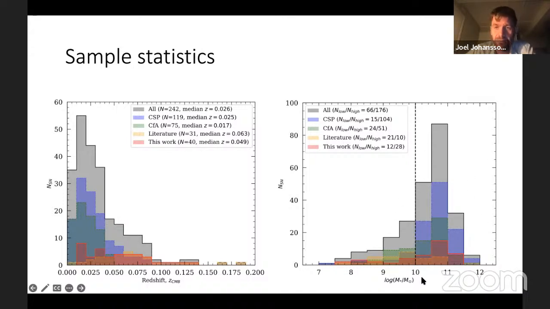CSP, almost all of their supernova were in these very massive red and dead galaxies. Whereas with PTF or ZTF, which are blind, untargeted surveys, you're finding supernova in teeny tiny host galaxies as well.